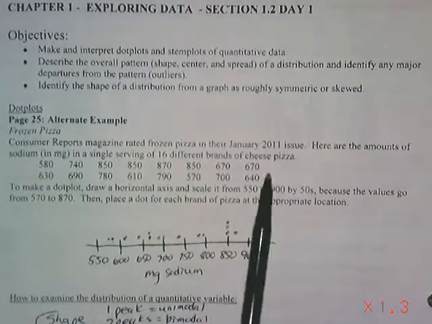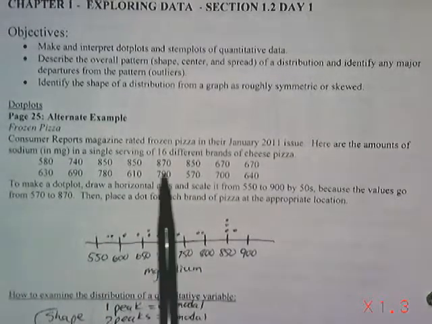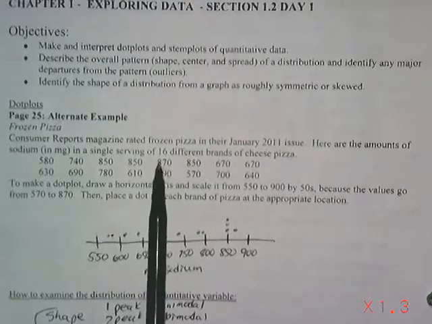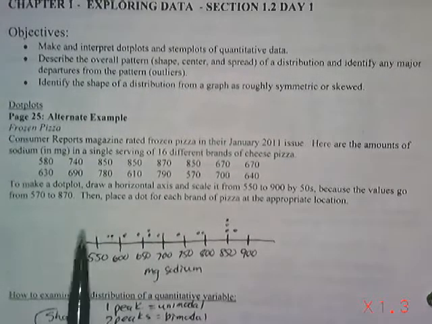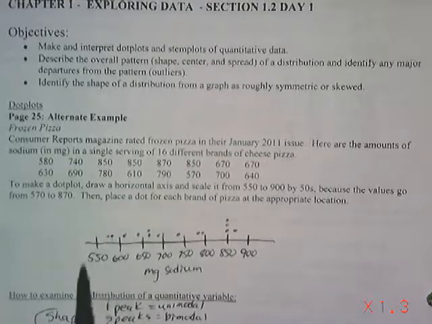So we place a dot at the appropriate location. 580. You can see there's a dot about where 580 would be. 740. 850. Another 850, which means we put the dot on top of the one that's already there. Okay. 870, another 850, and so on and so forth.